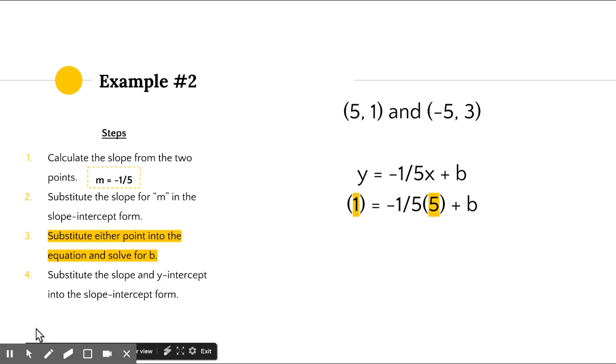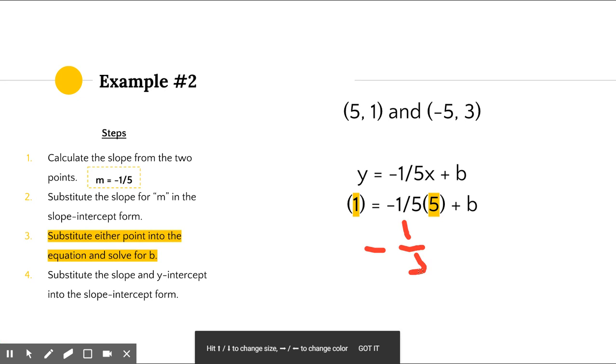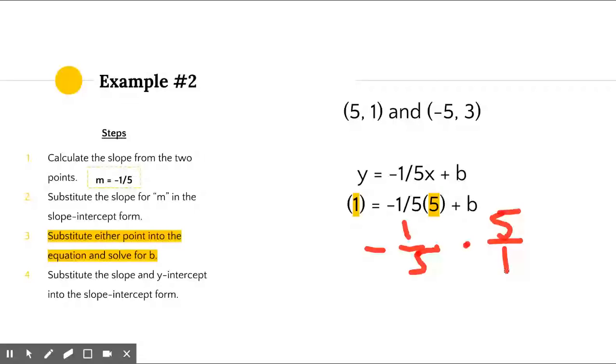Now, just a reminder on how to do fractions, just like I did earlier. Remember, this is just saying negative 1 over 5 times 5 over 1. Well, negative 1 times 5 is negative 5, and 5 times 1 is 5, which means this all reduces to negative 1.